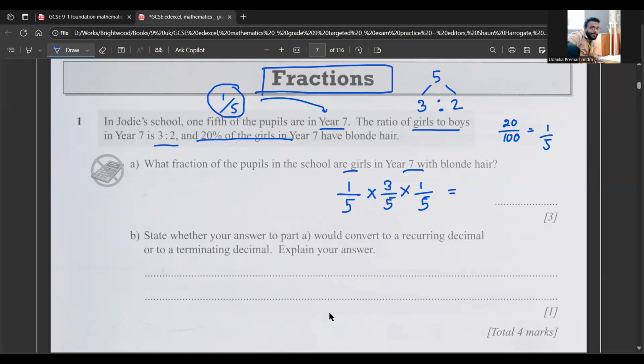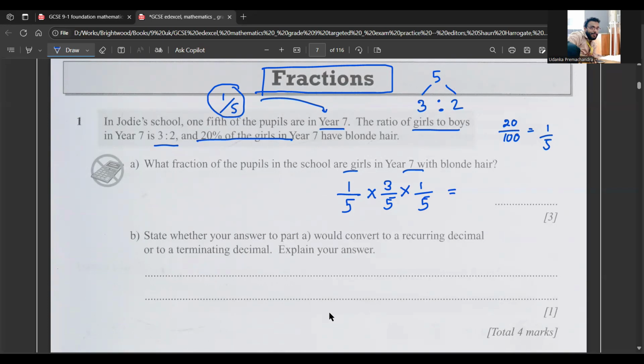Is that clear? You have to multiply because they are taking the word 'of'. 1/5 of the girls, 20% of. If they have the word 'of', you have to take multiplication. Is that clear? Yes, sir.